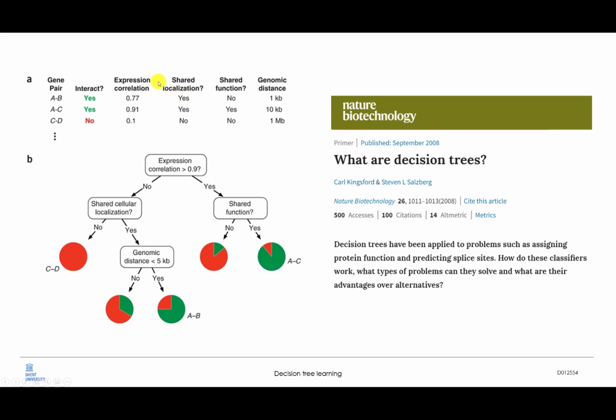You could see whether they have a shared localization, shared protein localization or something like that. Whether they have a shared function, so an annotated shared function. What is their genomic distance, so how far away they are from each other on the genome. So all these kinds of features. And then of course you can make these decision trees, and as you can see, that is why they are popular, because you can actually see why a certain classification is being made.